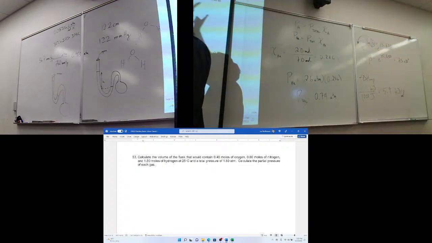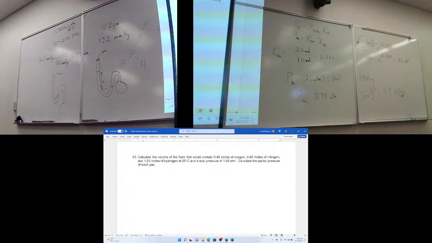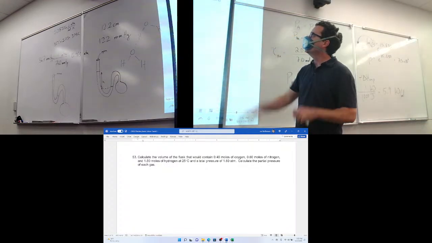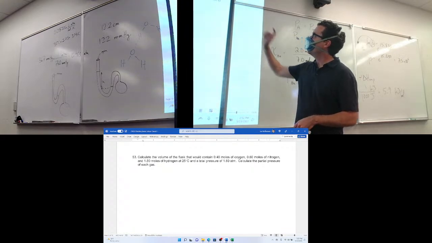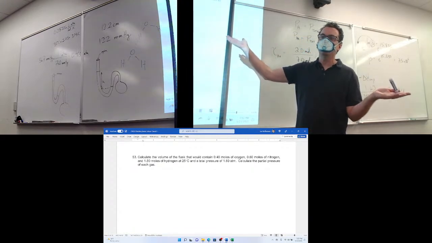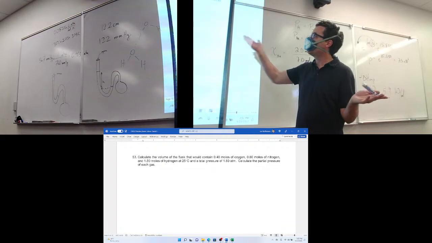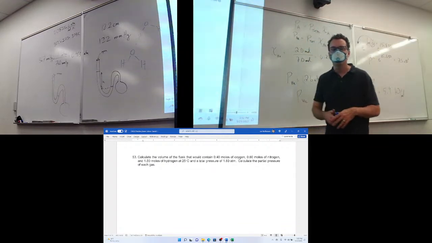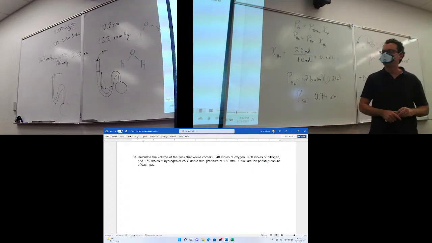First add up all the moles to get the total number of moles, plug that into P equals nRT with the pressure and the temperature in Kelvin, and solve for volume. Then you can calculate the partial pressure with mole fraction, or with the moles, the volume and the temperature. There are a couple of ways to solve the last part of it.